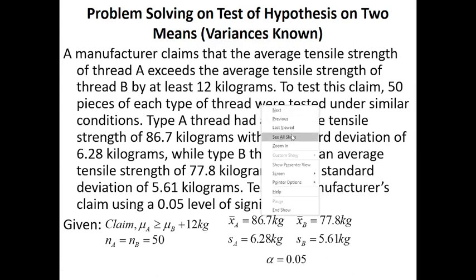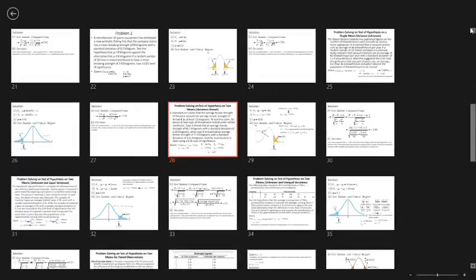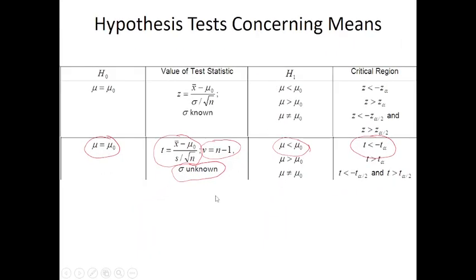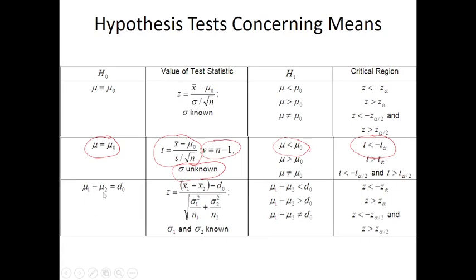Let's see the table here. Mu sub 1 minus mu sub 2 equals d sub 0. So this is the difference of two means. We can rewrite this as mu sub 1 equals mu sub 2 plus d sub 0, right?